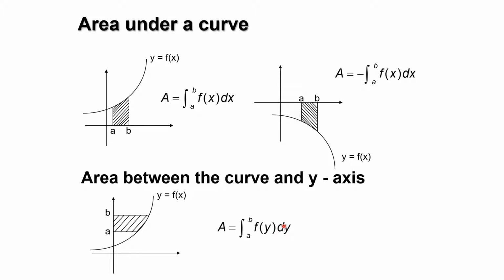But the comparison between the first one and the second one is, the first one is bounded by the x-axis, therefore the function is in terms of x. The second one is bounded by the y-axis and the limits also lie on the y-axis, so it is in terms of y. Therefore the limit values of a and b are also values on the y-axis.